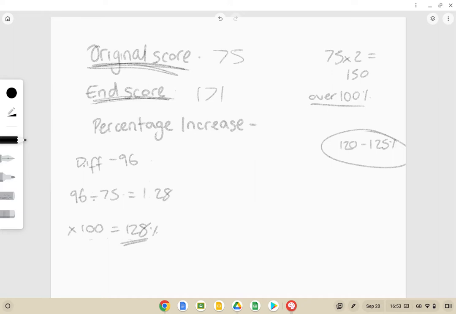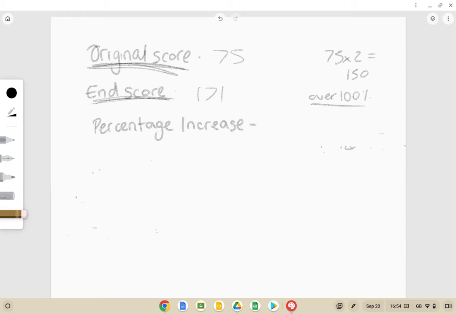Now, in order to do percentage decreases, you do pretty much the exact same thing. Now you have to do this time and time again. Honestly, next Friday night, just spend your night doing this.